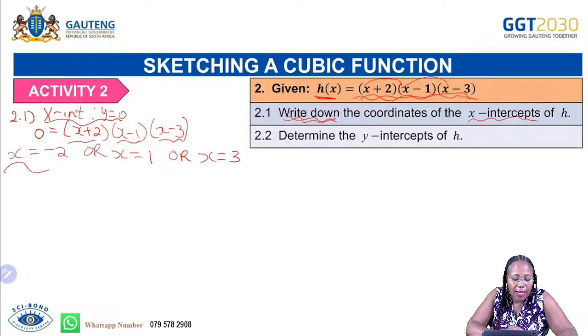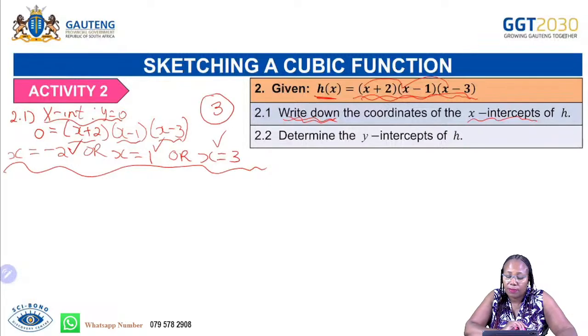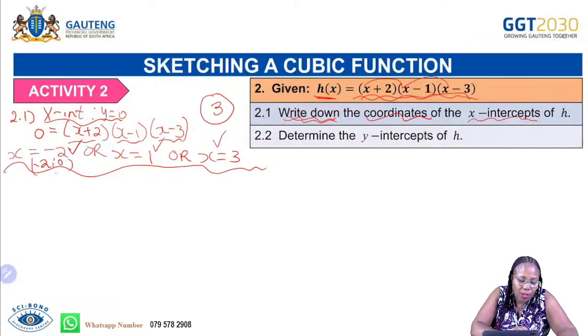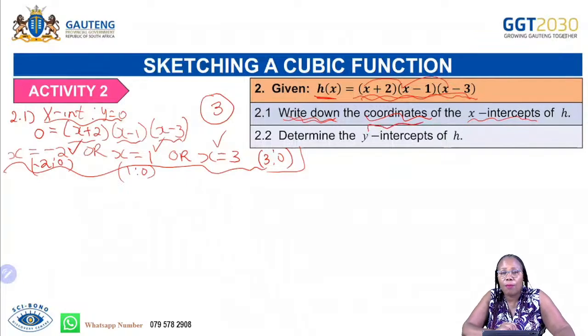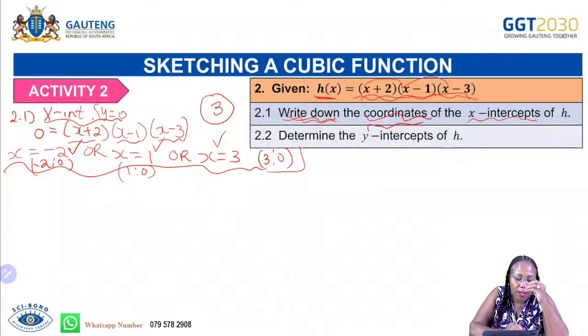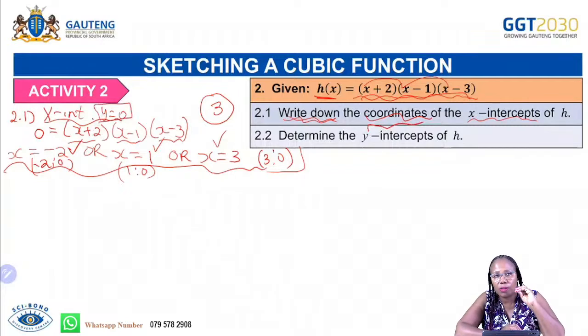Those are the x-intercepts, graders. Then you'll have 1, 2, 3 marks for that. Okay, if they need this in coordinate form, it will be minus 2 and 0 for this one, 1 and 0 for that one, and then 3 and 0 for this one. Those are the coordinate form. Coordinates needed with x and y. Why are we putting 0 on y? Because we let y equal to 0 there. So y will be 0 for all the x-intercepts.